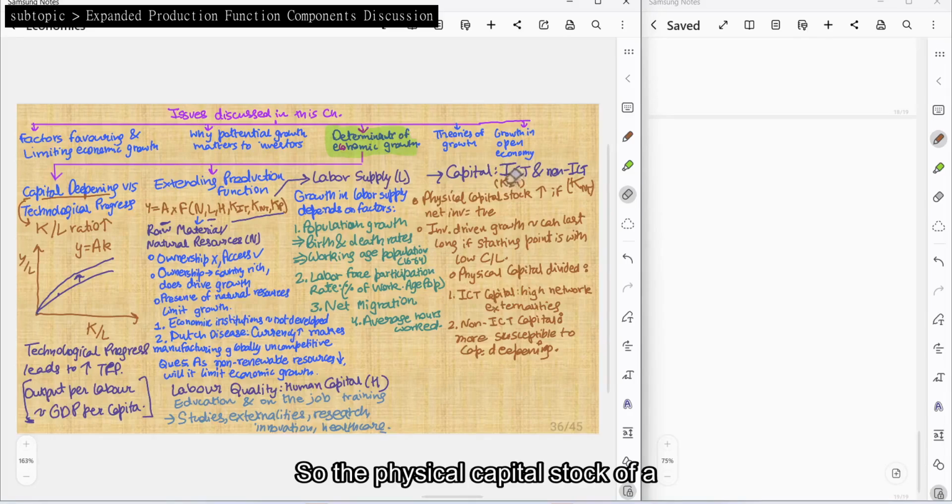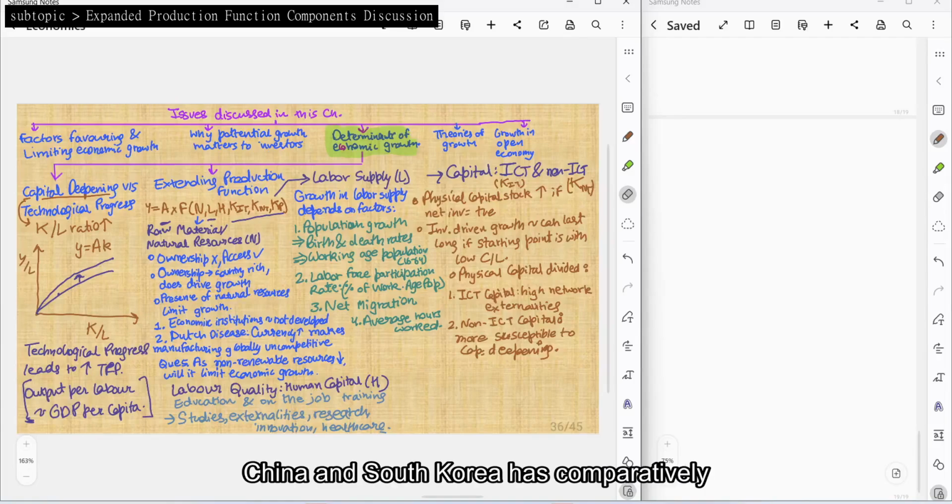So the physical capital stock of a country rises if net investment is positive. And there is a high correlation between investment and GDP growth rate. Historically, it has been seen that countries which invest most, like India, China, and South Korea, have comparatively high growth rate of GDP. Now, here is an important point to note.